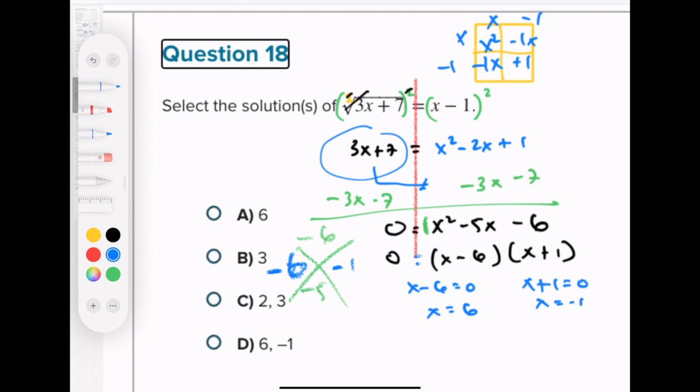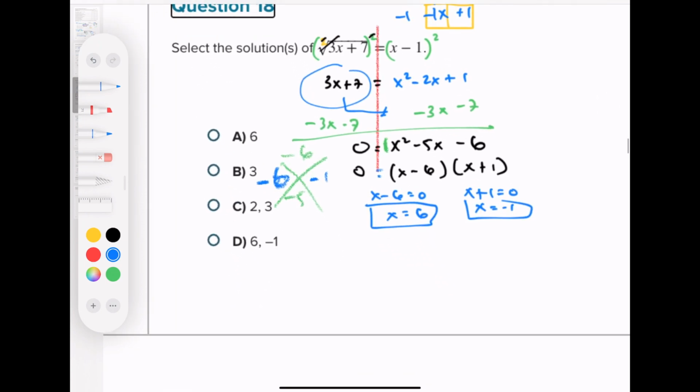Now you're going to have to test each of these solutions. Let's change the colors here.